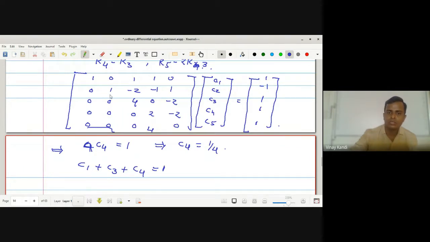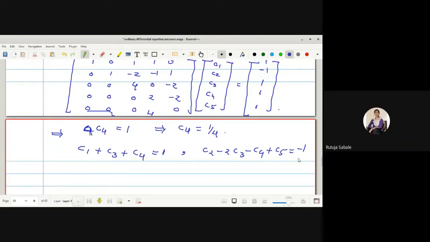हे C2 मायनस 2C3 मायनस काय येणार इथं अजून एक? C2 minus 2C3 minus C4 plus C5 is equal to what? Minus 1. Okay? Any doubt? Yes sir.